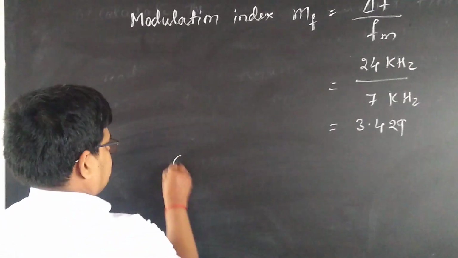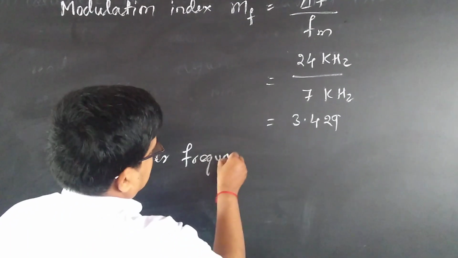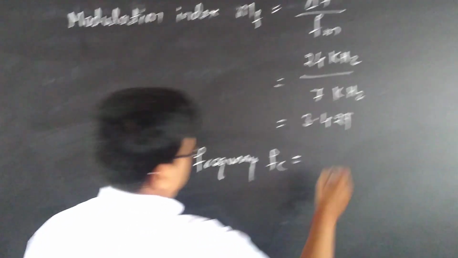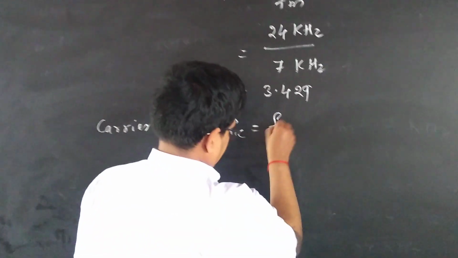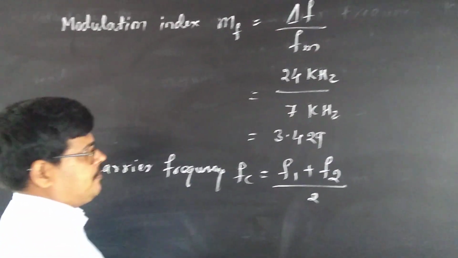Then another one, carrier frequency. So carrier frequency FC is equal to the upper sideband frequency F1 plus the lower sideband frequency F2, divided by 2.